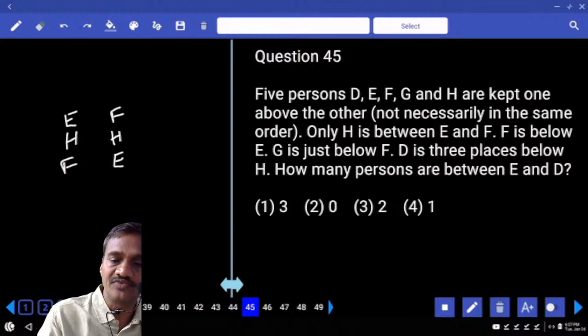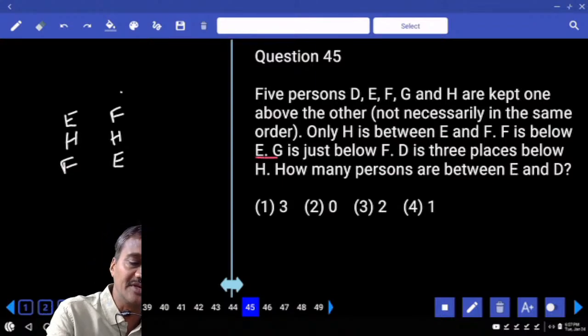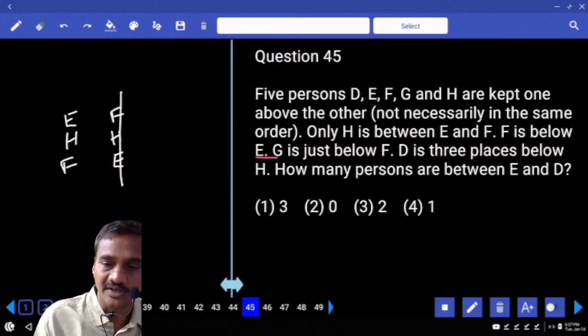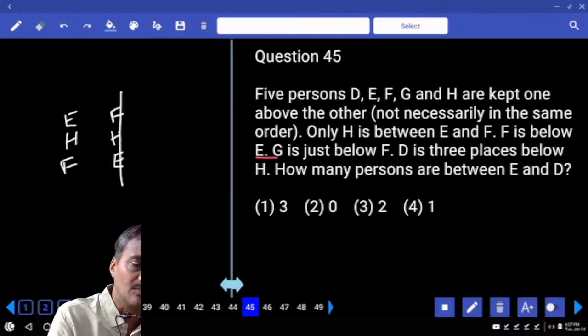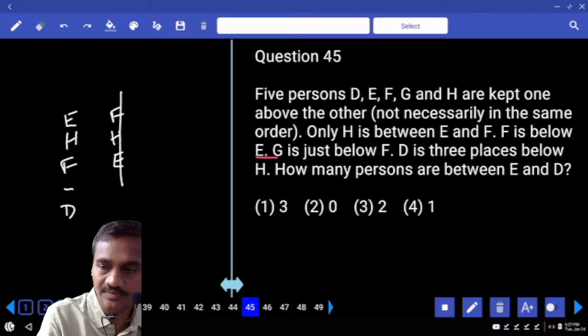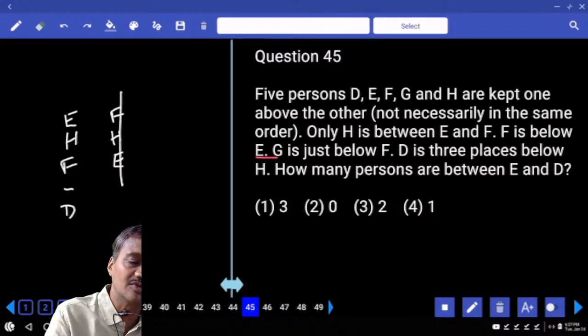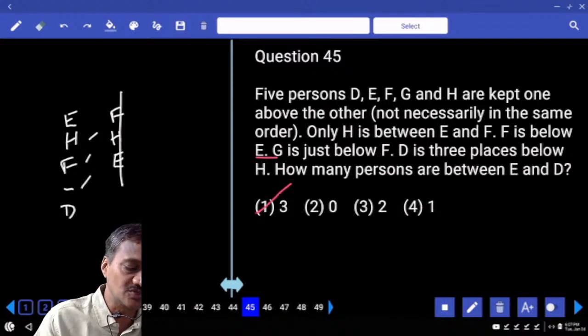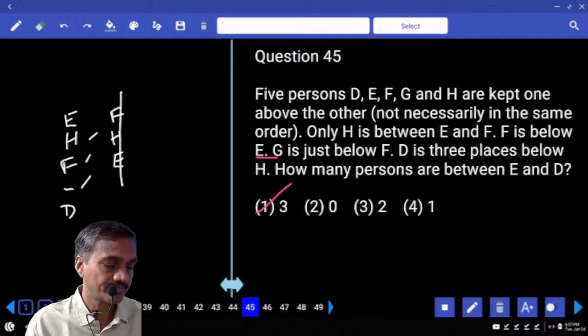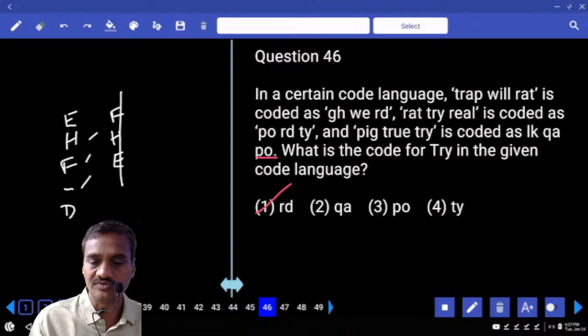And F is below E, he said. F is below E means this case is ruled out. And D is 3 places below H. 1, 2, 3, D is here. And how many persons are in between E and D? Tell me how many people are between E and D. 1, 2, 3, 3 members. 3, that is choice 1. 45 it is choice 1.